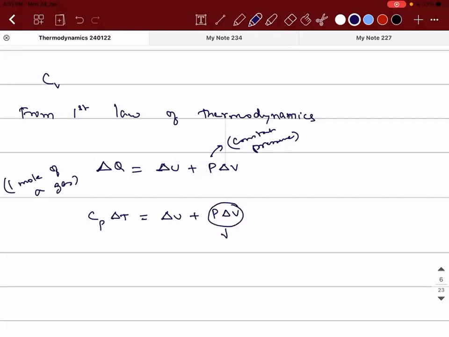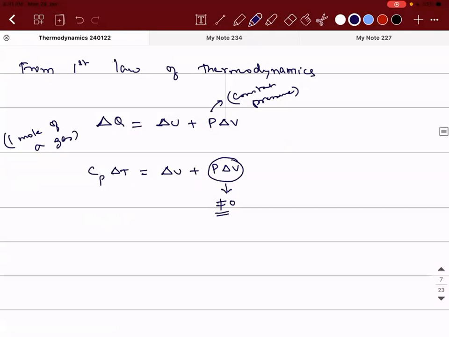Observe, this work term is not equal to 0. So what is happening in the case of the molar specific heat at constant pressure is, the amount of heat that you supply is utilized for two purposes. One is used to increase the internal energy, and the second is used to do some amount of work.